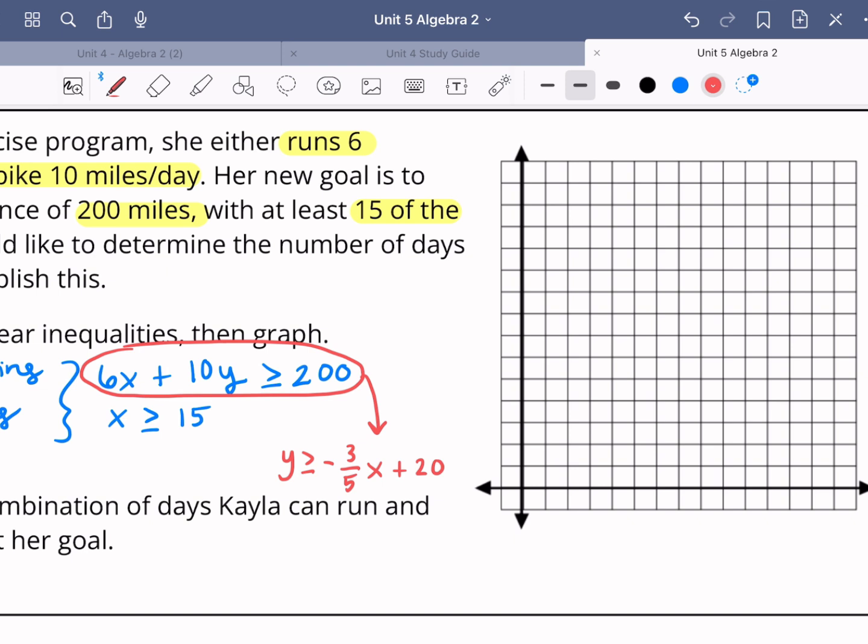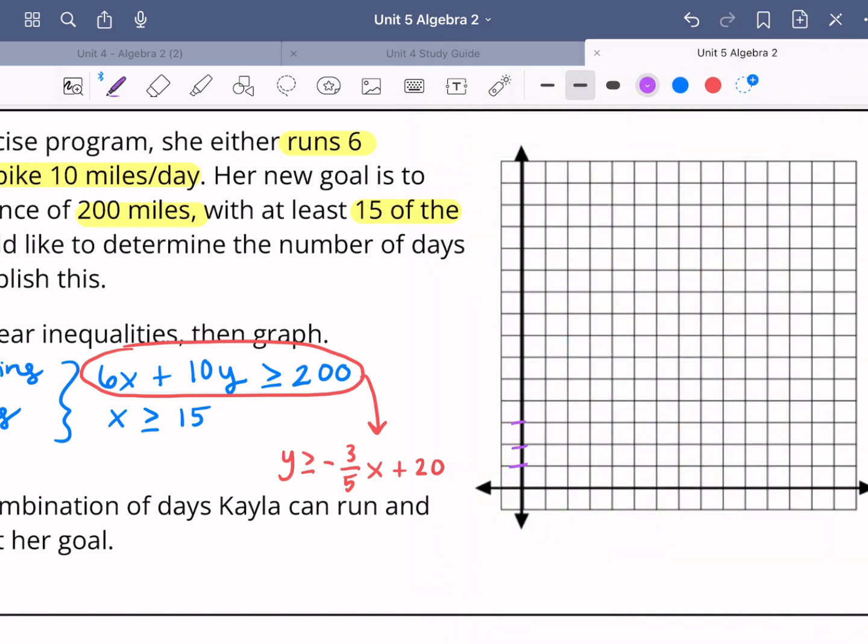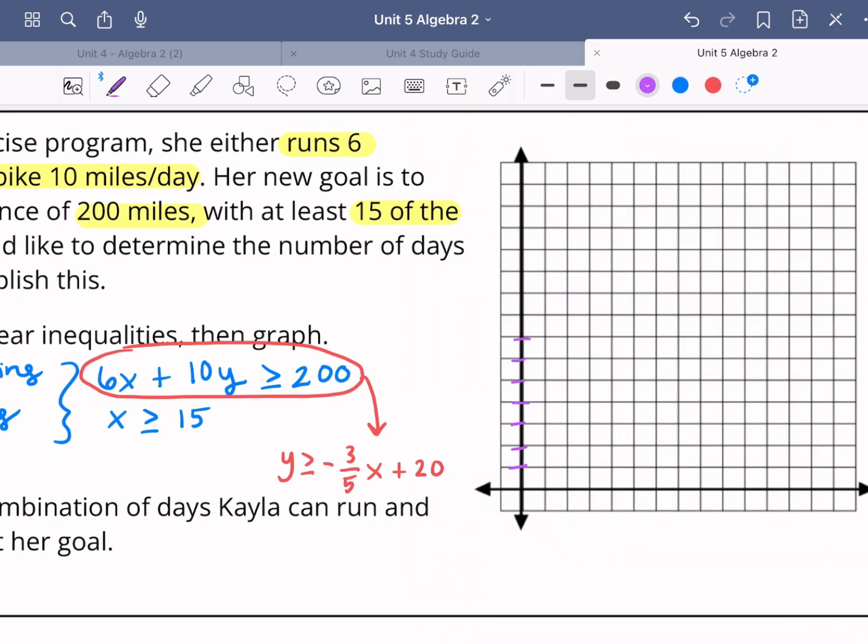I know the y-intercept needs to be 20. I don't think I have 20 lines here, so maybe I just count by 2's. I'm going to use a different color. 2, 4, 6, 8, 10, 12, 14, 16, 18, 20. So here's 20 on my y-axis.